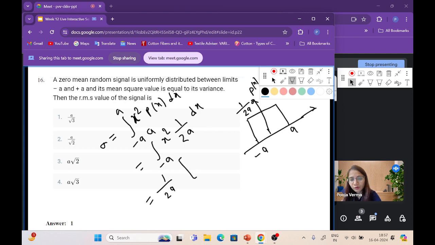What will we get? x cube divided by 3 from minus a to a, so 1 upon 6a times (a cube minus of minus a cube).